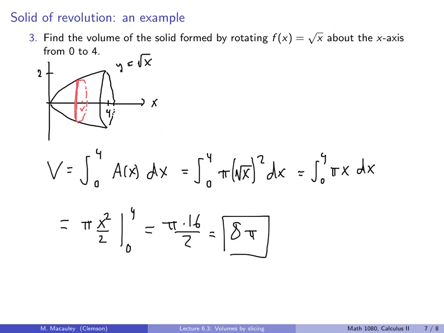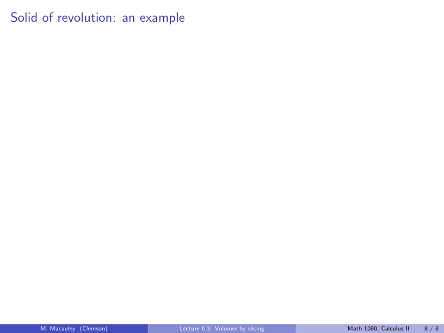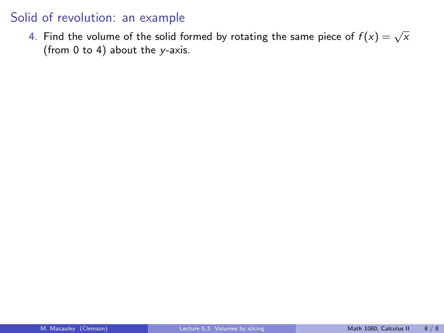Okay, let's do one more example. Let's find the volume of the same little piece of that function, but now let's rotate it about the y-axis instead of the x-axis. So the first thing to do is to draw a picture, of course.